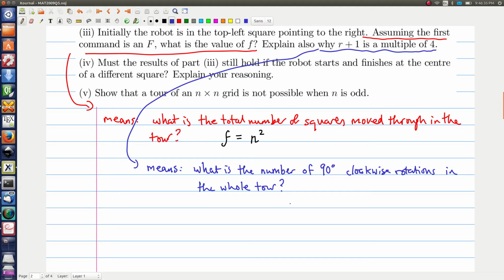So obviously when r becomes, for example, 9, it means we've rotated 8 plus 1 times, which means we've rotated all the way around twice plus another once. But why specifically should the number of rotations plus 1 be equal to a multiple of 4, meaning that the number of rotations plus 1 should result in the robot having the same orientation at the end of the tour as at the beginning?